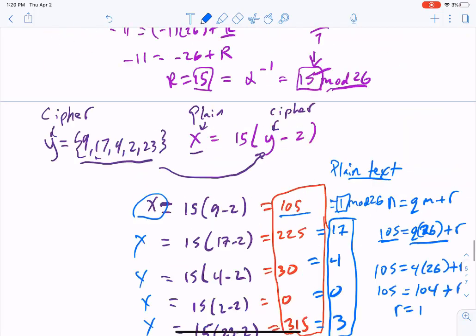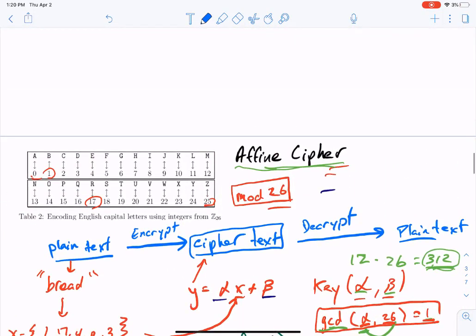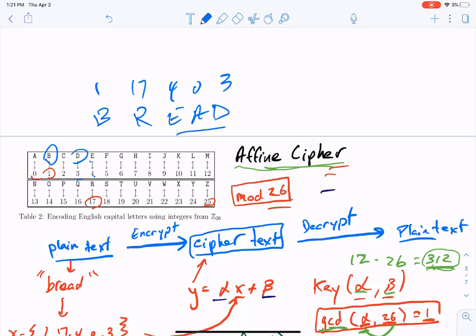So I'll look at my chart again. 1 is a B. 17 is an R. 4 is an E. 0 is an A. And 3 is a D. So what I decrypted is the message bread, which is the same message that I started with.